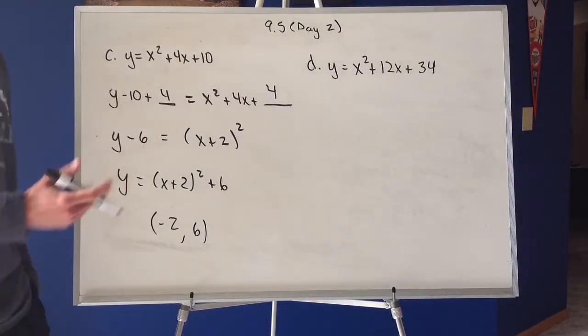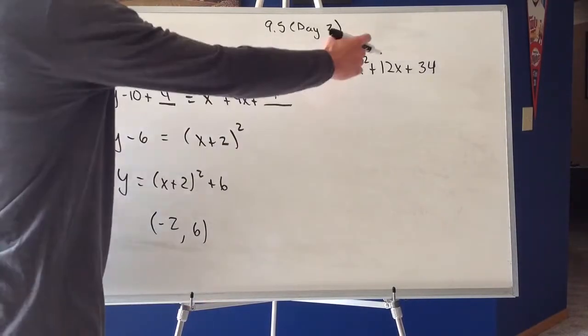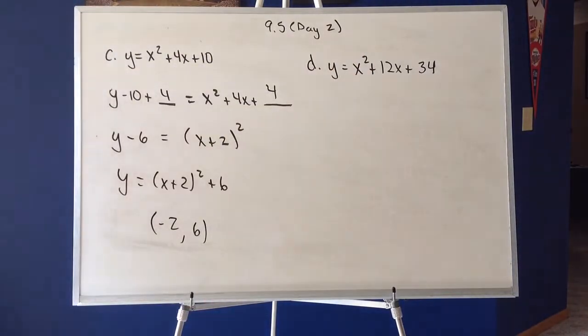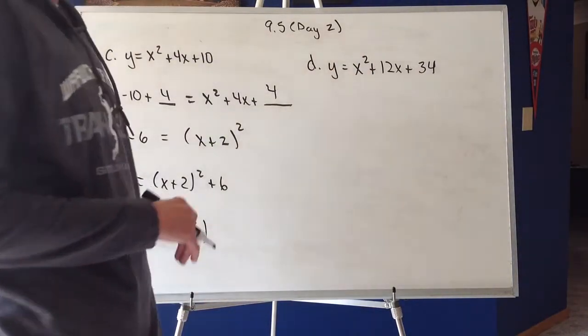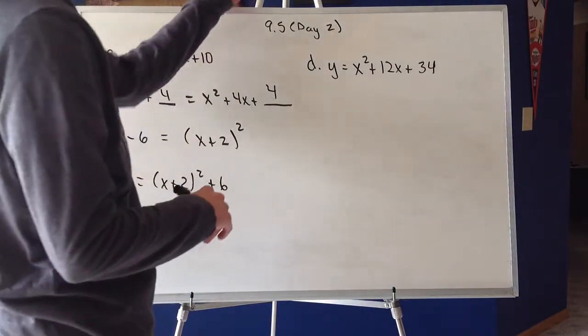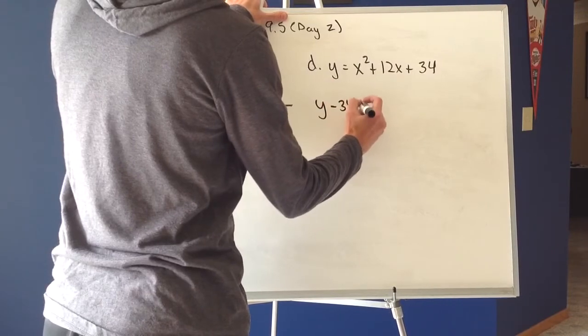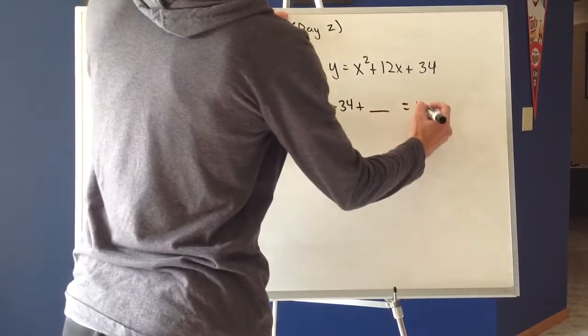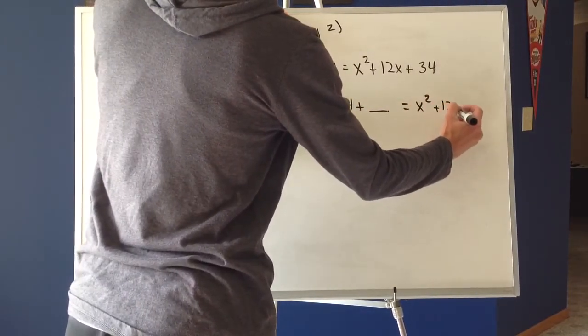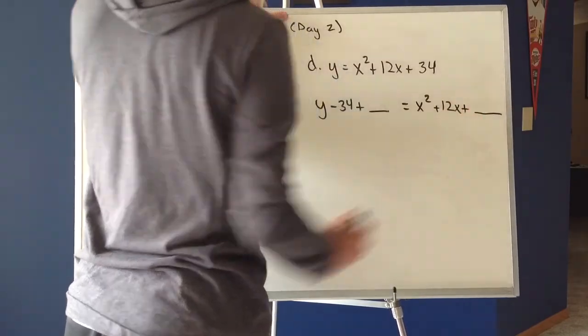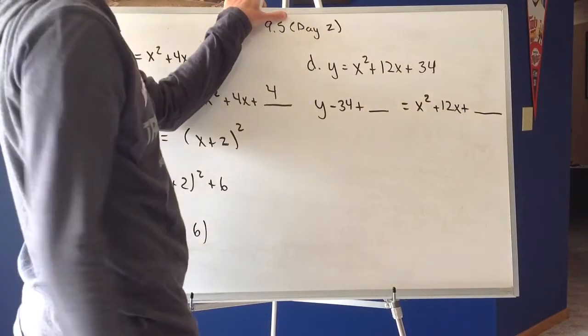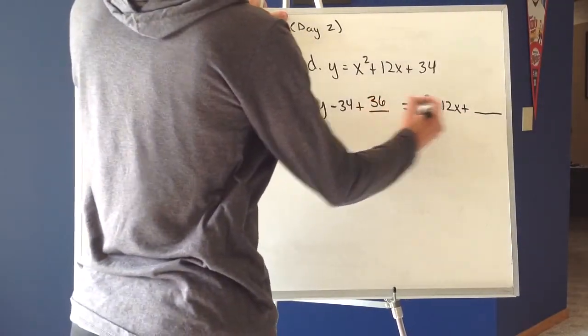Okay, one last one. What you might want to do is just pause this for a second. Try and do this one on your own and then come back and double check if you did it right. That way you can kind of just make sure you're understanding it. So you bring the 34 over to the other side. Half of 12 is 6. 6 squared is 36.